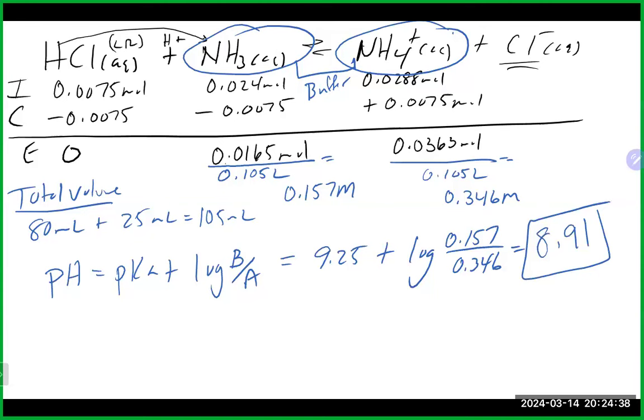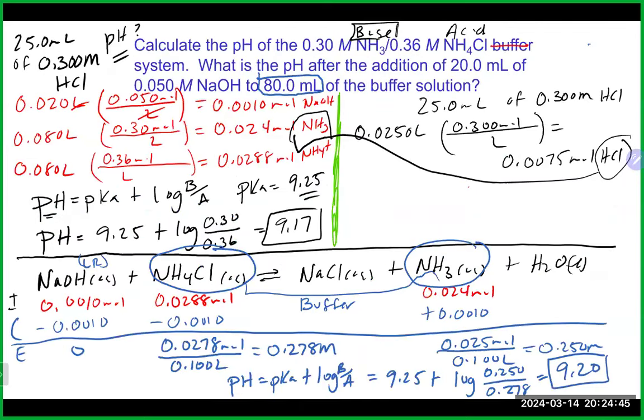Any questions on that? So in this buffer, we started out with a buffer just by itself at a pH of 9.17. We added some sodium hydroxide or base to the buffer. We saw the pH go up to 9.2, not a big jump, but moved in the correct direction, going upwards.